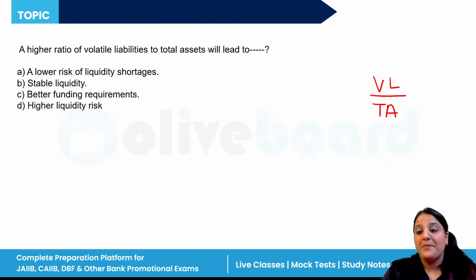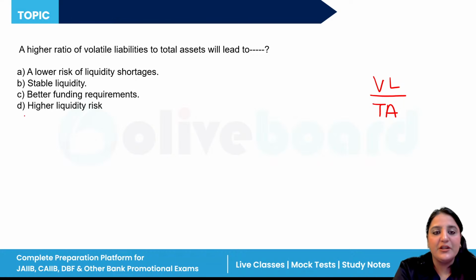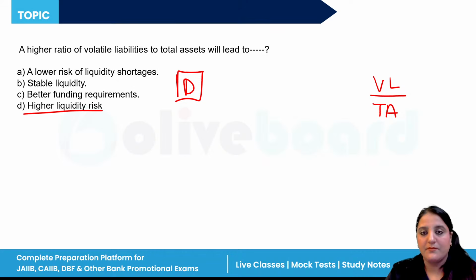Volatile liabilities like market borrowings are to be assessed and compared with the total assets. A higher proportion of volatile liabilities always causes higher problems of liquidity. So the lower the ratio, the better it is. So high liquidity risk is the correct answer. Clear?